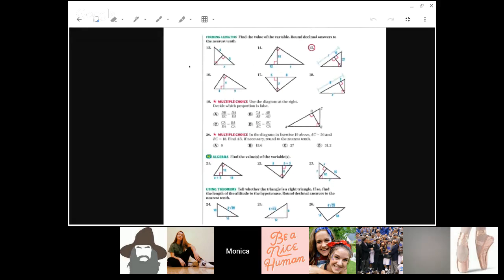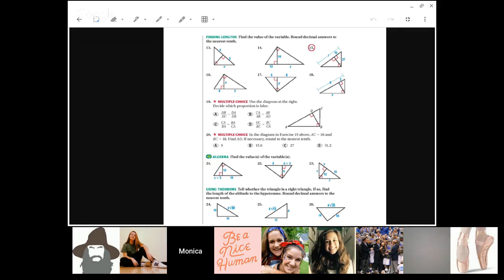So for 13, you got to look at that and see what information you're given, okay? You have information from your big triangle, right? You have a side and then the hypotenuse. And then from this small triangle, you also have a hypotenuse and a side. So you're going to use that information to set up your proportion that way. Does that help?